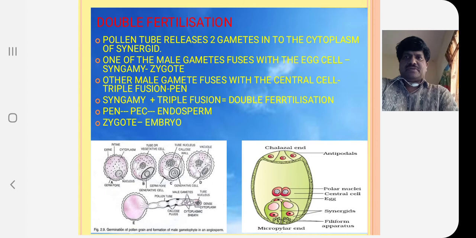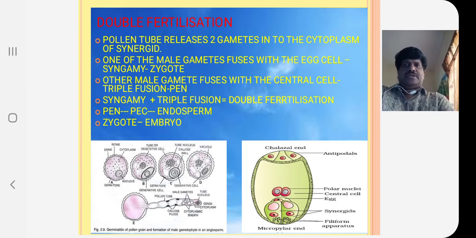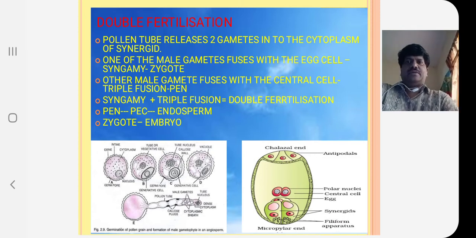In case of syngamy, the first male gamete that is in the pollen tube fertilizes the egg cell, and the other male gamete fuses with the central cell. This second fusion, the male gamete with the central cell, is generally called triple fusion, as there is fusion of three nuclei: one nucleus from the male gamete and two nuclei in the central cell.